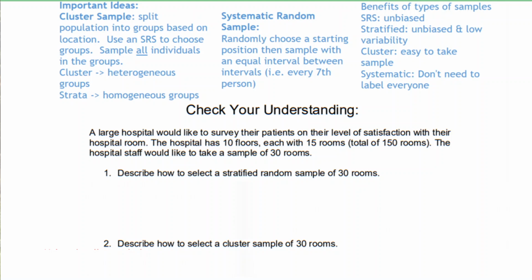Perhaps all of the rooms on the, let's see, that would be the south side of the hospital. They would have sun-facing rooms for most of the day. Maybe they're satisfied. And the ones who are able to see the sunrise, maybe they have a higher level of satisfaction also.